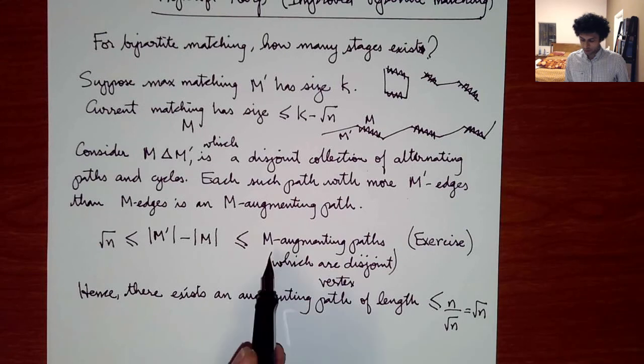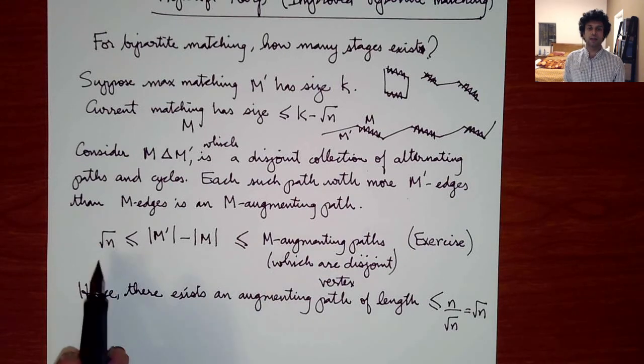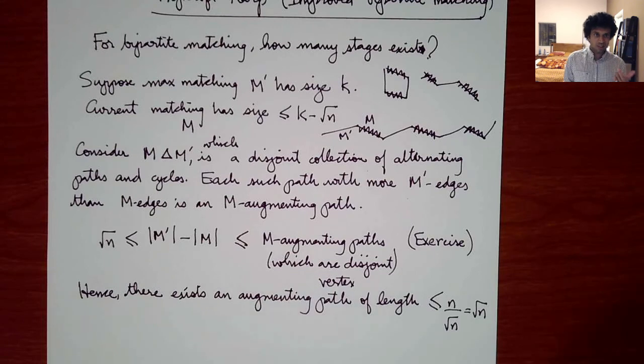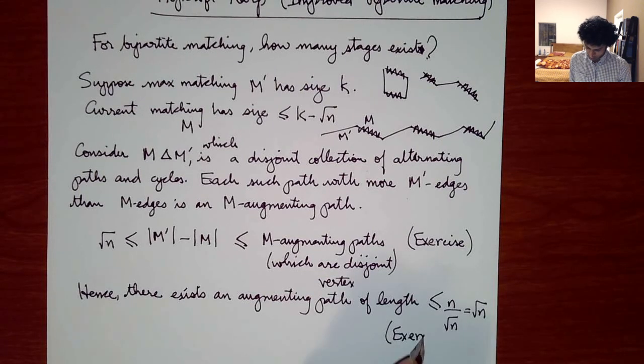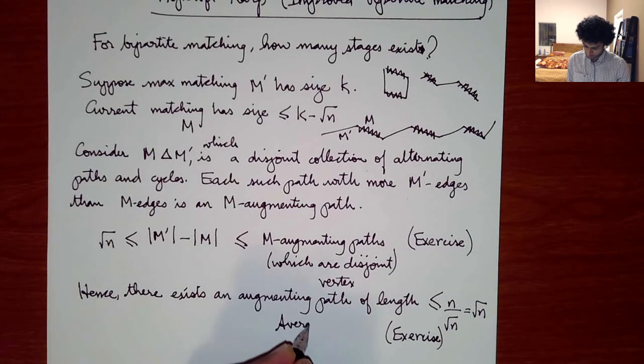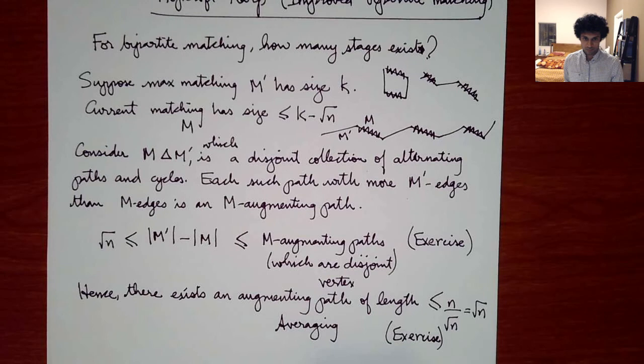It says that if there are root n augmenting paths, and all of them are vertex disjoint, then there has to be a path whose length is small. This is an averaging argument. So this is another exercise, and this is basically just averaging. So this is the key.